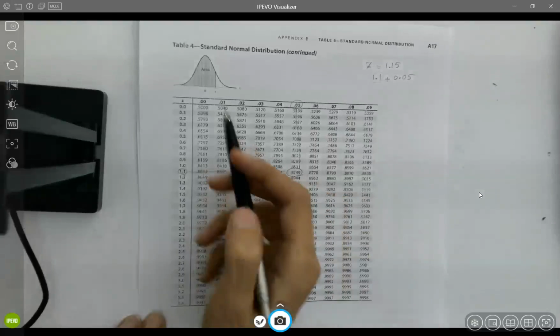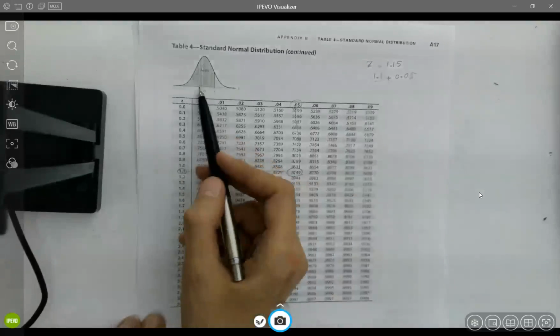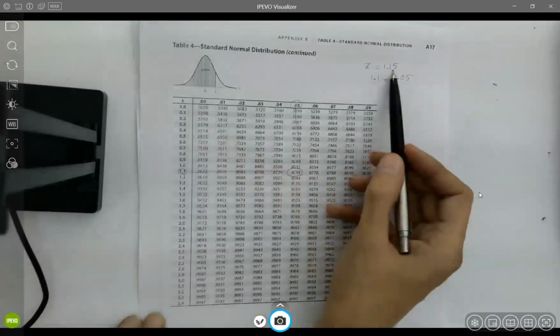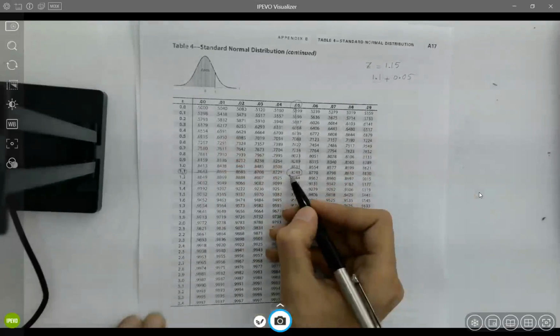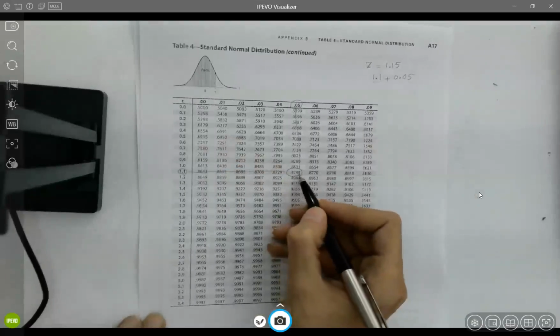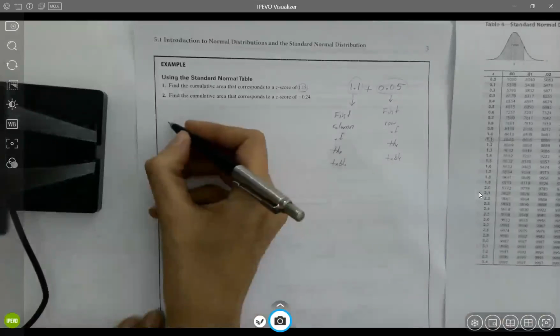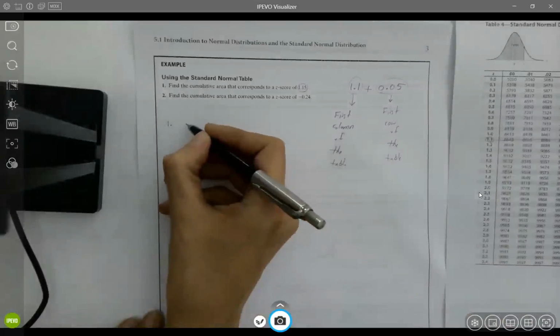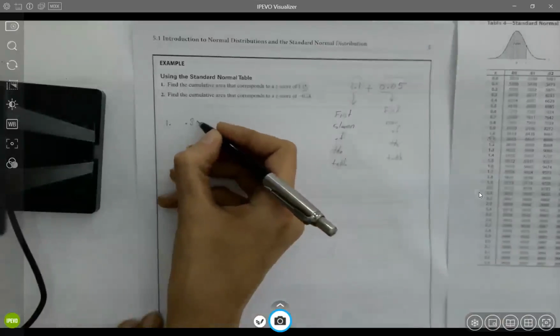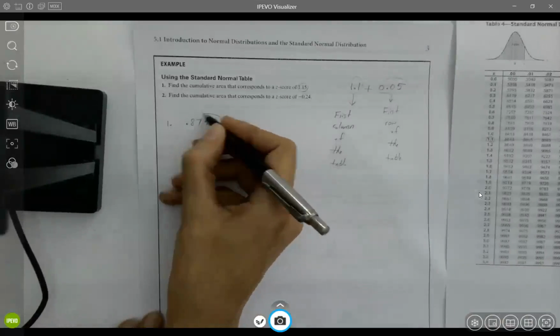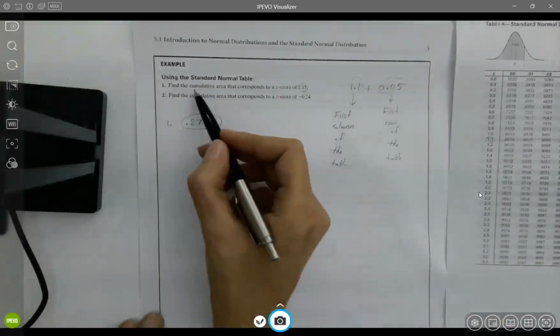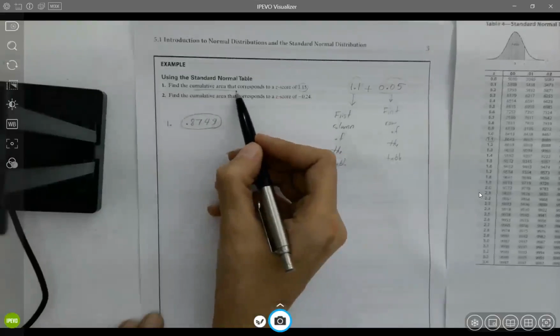So the cumulative area to the left-hand side of 1.15 is 0.8749. Cumulative area to the left.